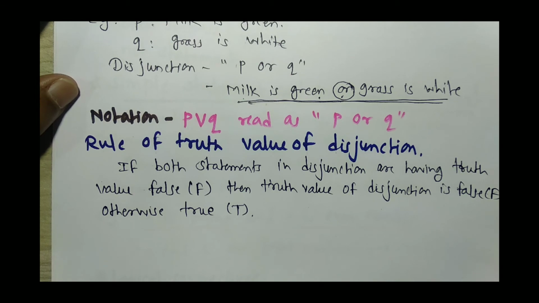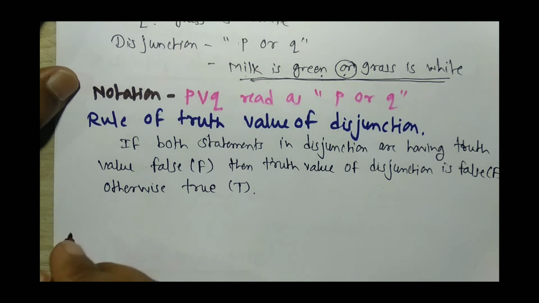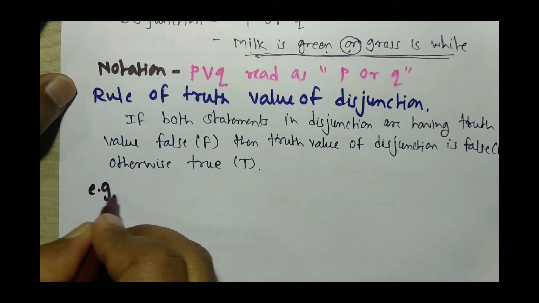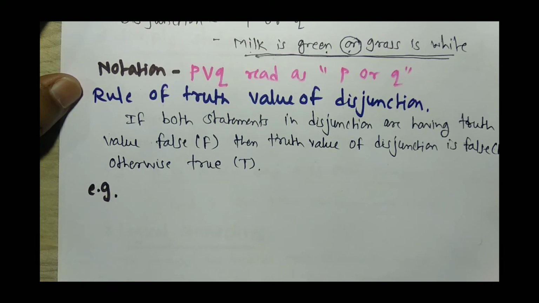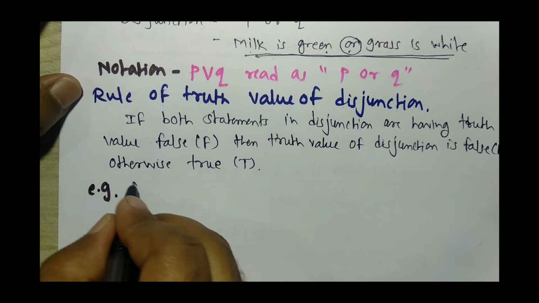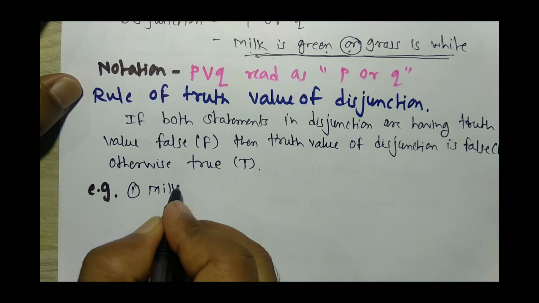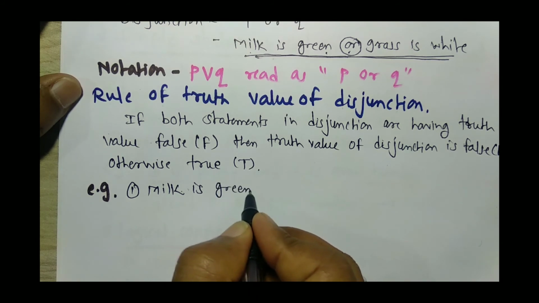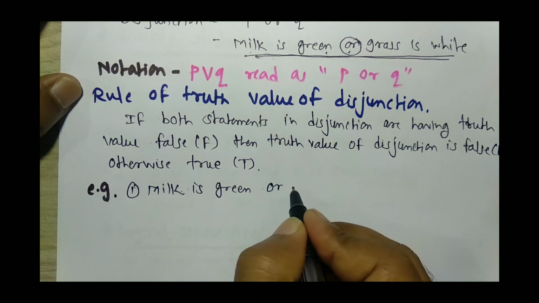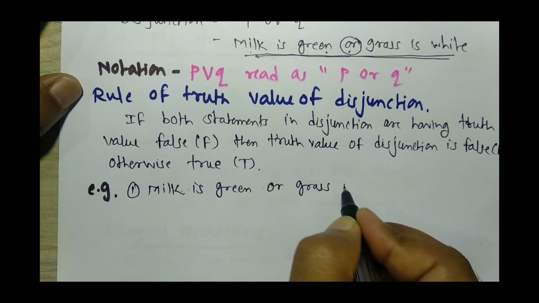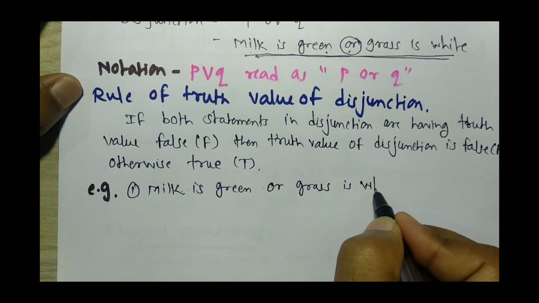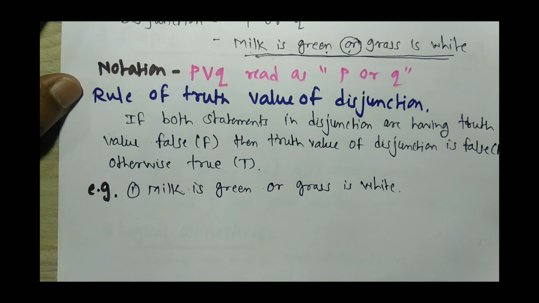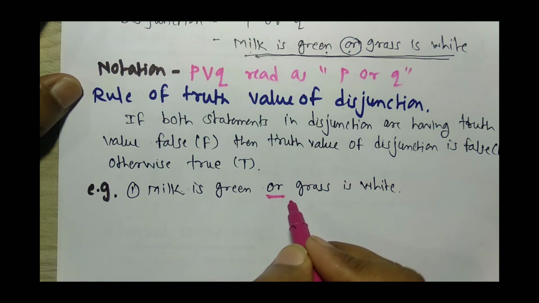That means if we consider once again, for example, the first example: milk is green, or grass is white. Once again, we see that the two statements are connected by using or.